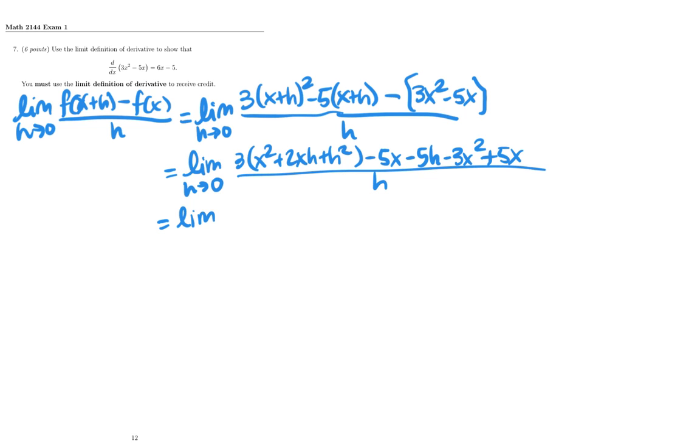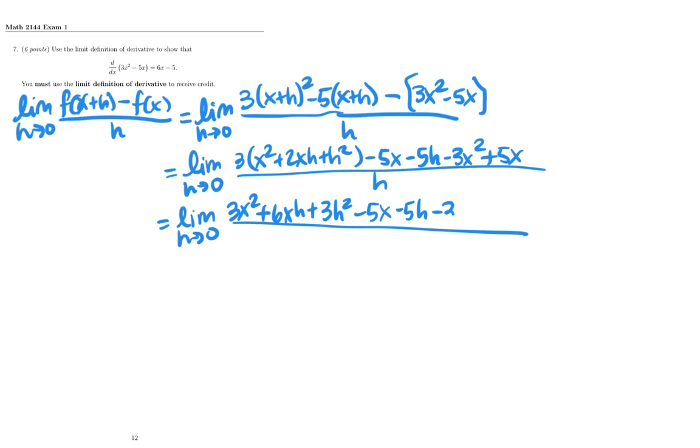Continue to write the limit until we take the limit. We haven't taken the limit yet. Now I'm going to distribute that 3 in there. 3x squared plus 6xh plus 3h squared minus 5x minus 5h minus 3x squared plus 5x, all over h.